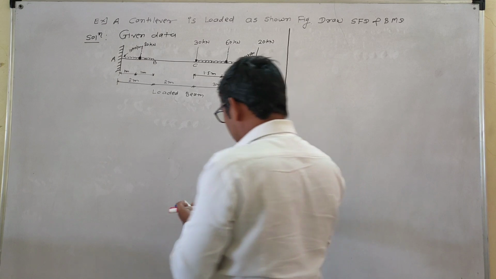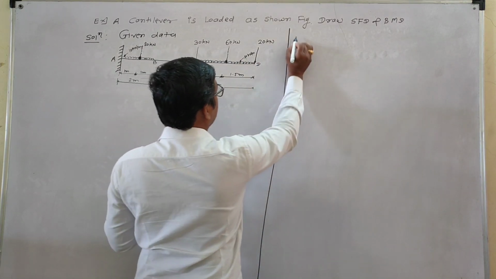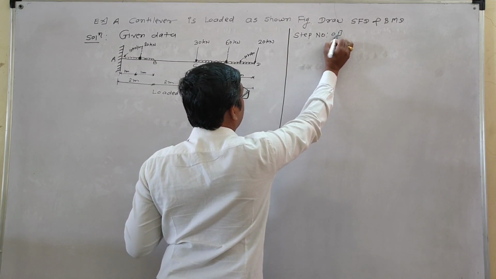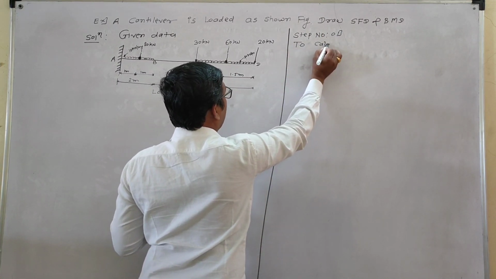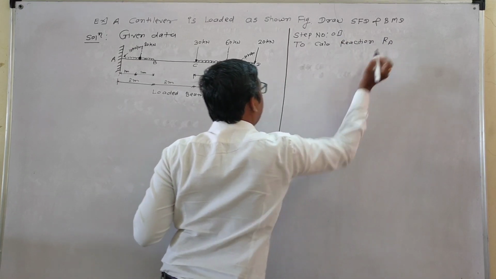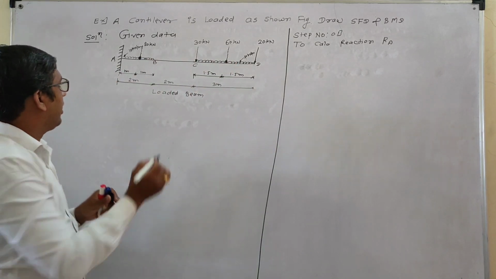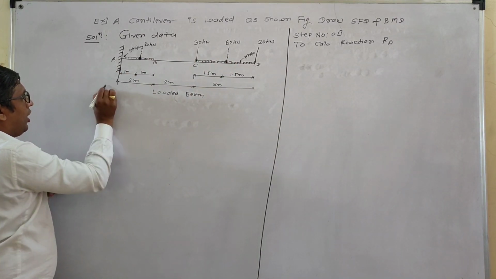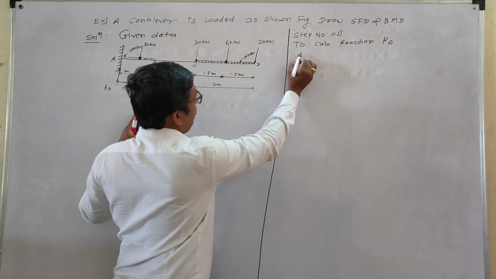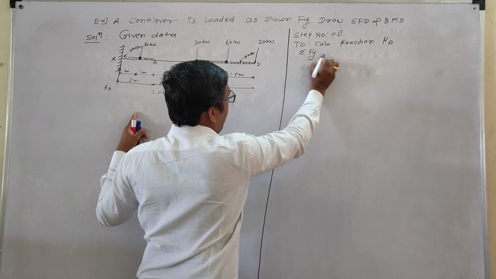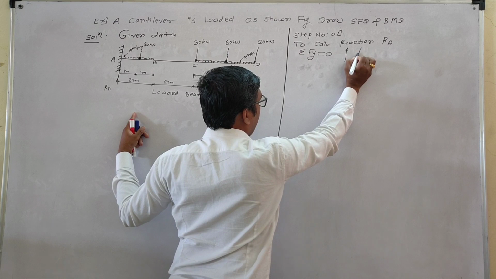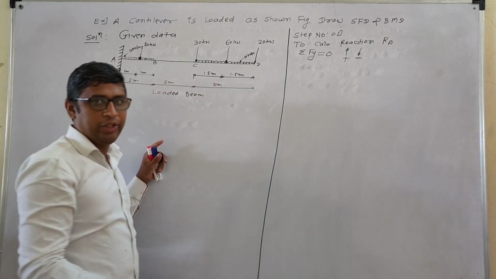And all of you know what step number 1 is: to calculate the reaction, that is RA. RA is at the fixed support. How to calculate? Use the sign convention. Summation of Fy is equal to 0. Upward force take it positive, downward force take it negative.